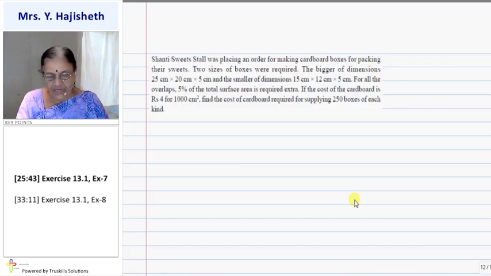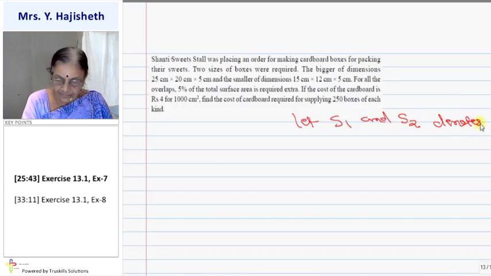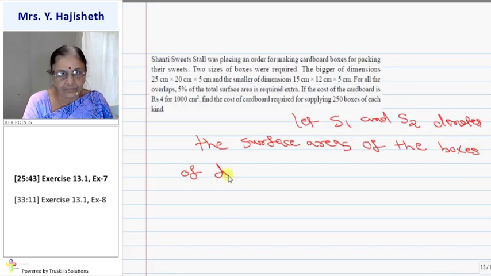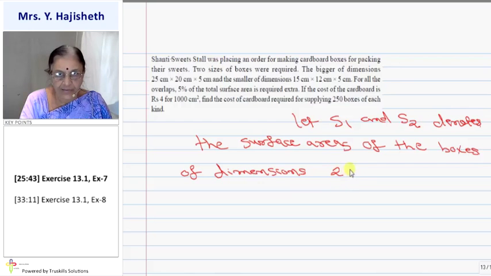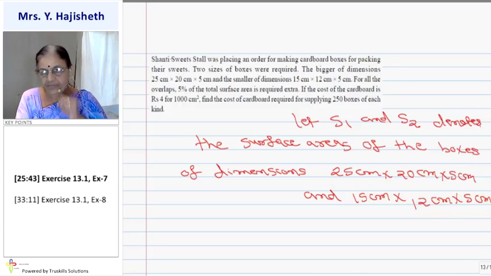Let S1 and S2 denote the surface areas of the boxes, of dimension 25 centimeter by 20 centimeter by 5 centimeter and 15 centimeter by 12 centimeter by 5 centimeter. Okay, these are the 2 types of box respectively.